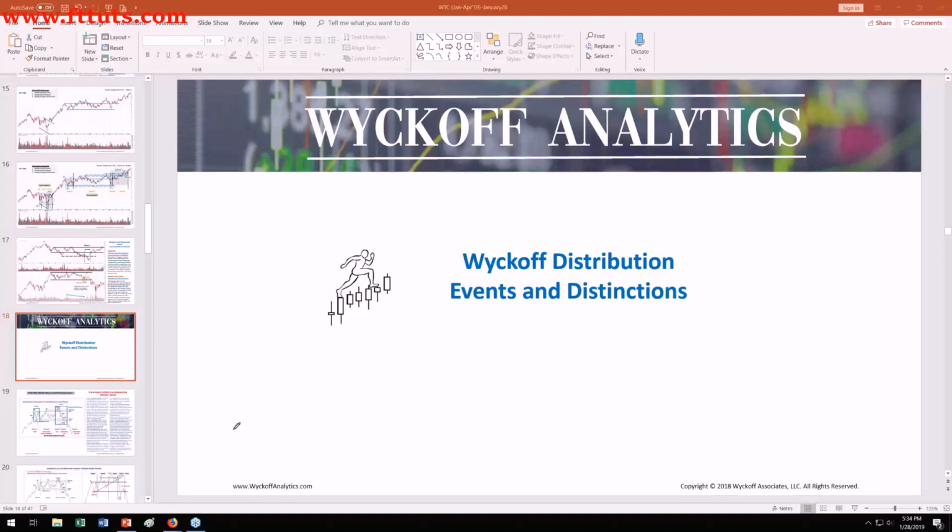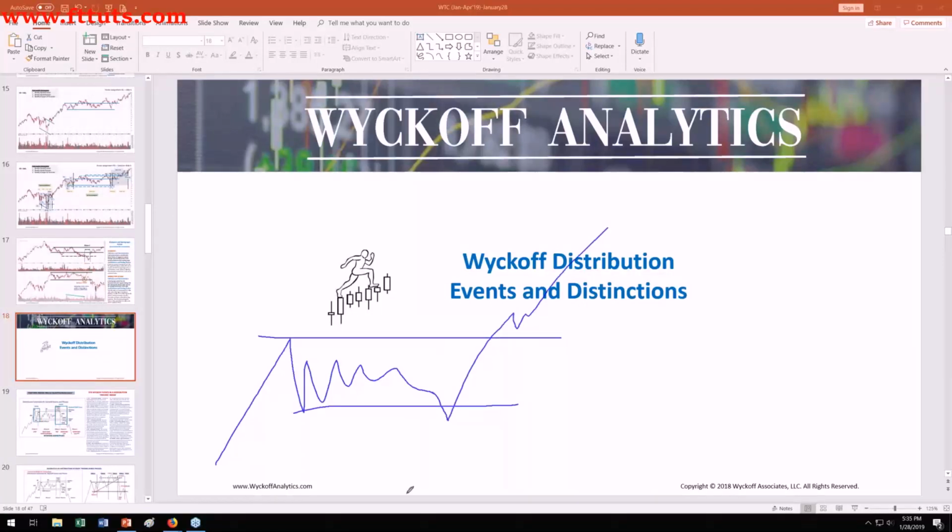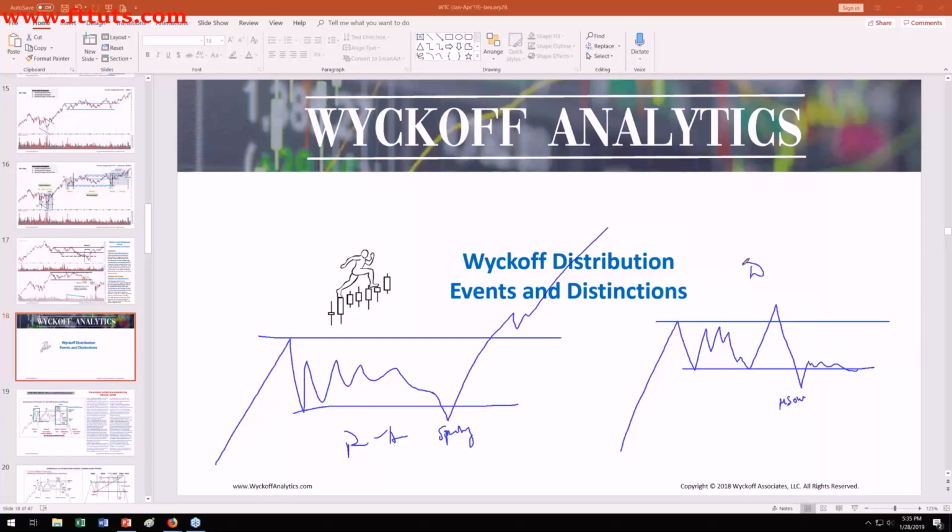The difference between a spring in a reaccumulation and a major sign of weakness in a distribution. So what's the difference, right? Because they're going to look the same or somewhat the same.